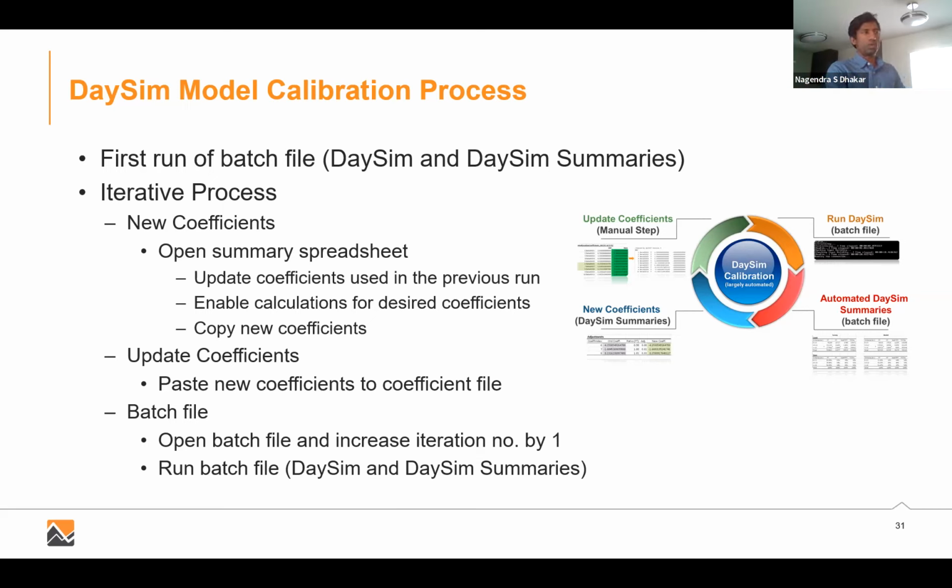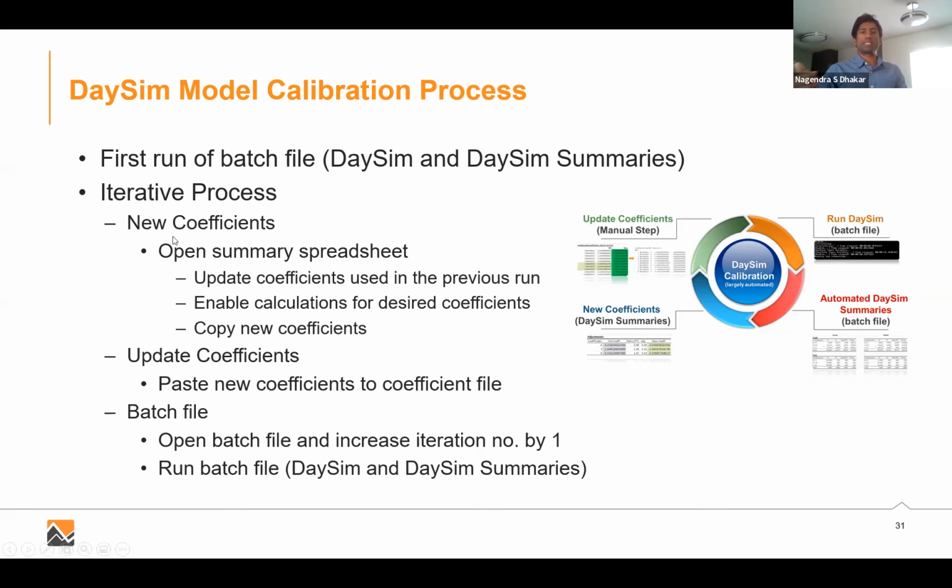You paste that into the coefficient file, go back to the batch file, and increase the iteration number by 1. In our case, if you're starting from 0, then you will make it 1, and then run the batch file again. Once you have run the batch file, it will finish generating DaySim outputs and DaySim summaries. Then again, you start the iterative process.